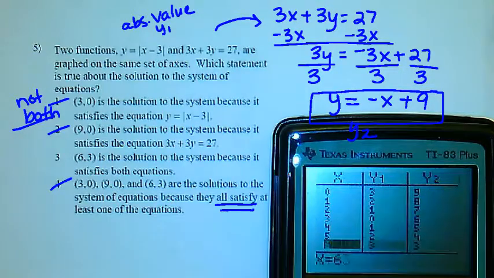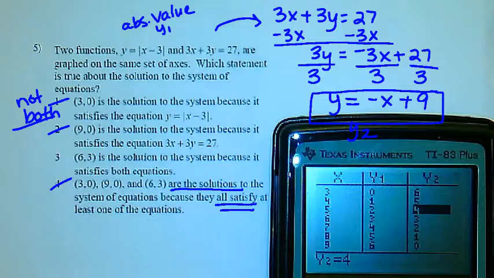So we have that. And (9, 0). Just to reiterate, are these the solutions of the system? That's not true. So our answer is (6, 3), and we have that right here. We can see that clearly.